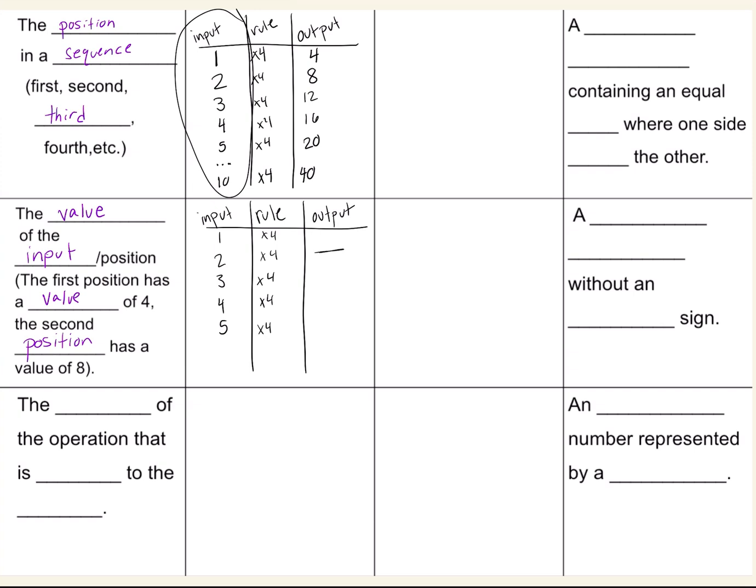So for example, 1 times 4 is 4, 2 times 4 is 8, 3 times 4 is 12, 4 times 4 is 16, and 5 times 4 is 20. All this space right here is that output.